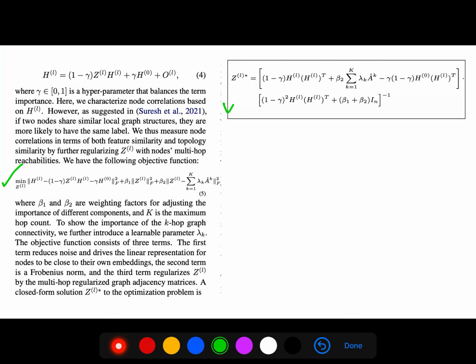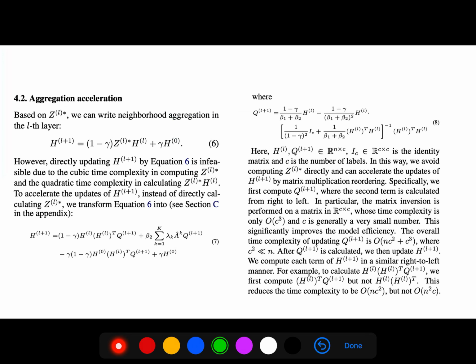So this is the closed form solution to the optimization, and we can write neighborhood aggregation in the l-th layer. Directly updating H using this equation is infeasible due to the cubic time complexity in computing Z and the quadratic time complexity in calculating this term.